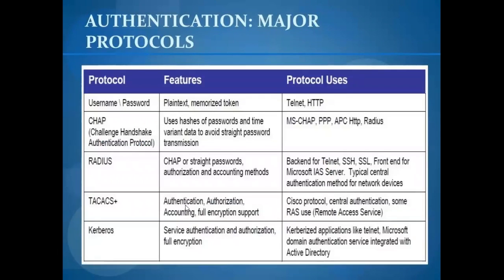Now, this is the protocol, mainly username and password. The feature is that it can be used with plain text or a memorized token. These have certain protocols, like telnet or HTTP, hypertext transfer protocol, that should be used here. Then next is CHAP, challenge handshake authentication protocol.